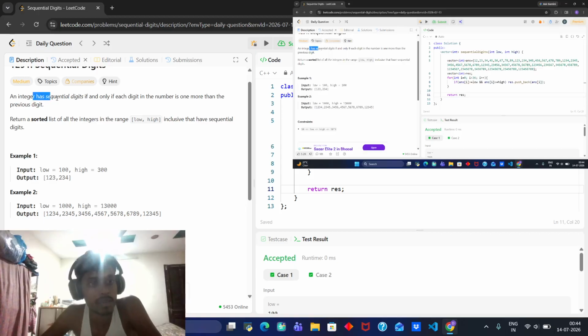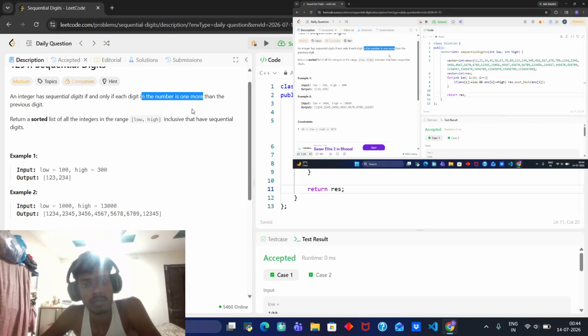An integer has sequential digits if and only if each digit in the number is one more than the previous digit. What it means is, an integer will be called a sequential digit number if and only if each digit in the number is one more than the previous digit.